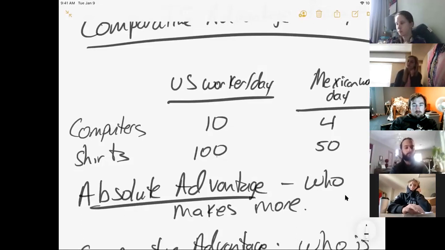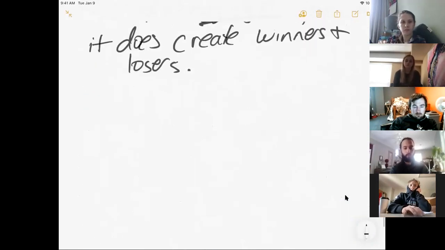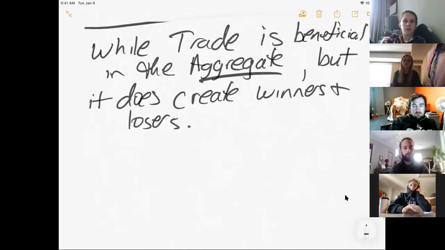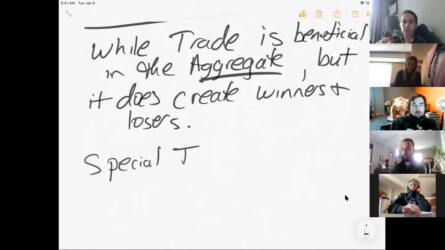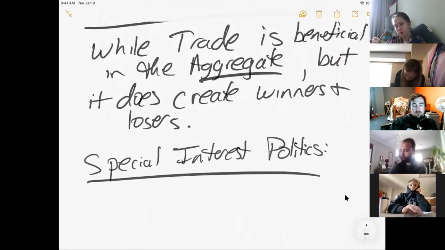And so what do they have when it comes to the political process? What are their incentives? Their incentives are to spend a lot of money and to vote on this one single issue. If any of you have taken a political science class, you might be familiar with this idea of what they call special interest politics. Special interest politics really refers to voting on one single issue, right?